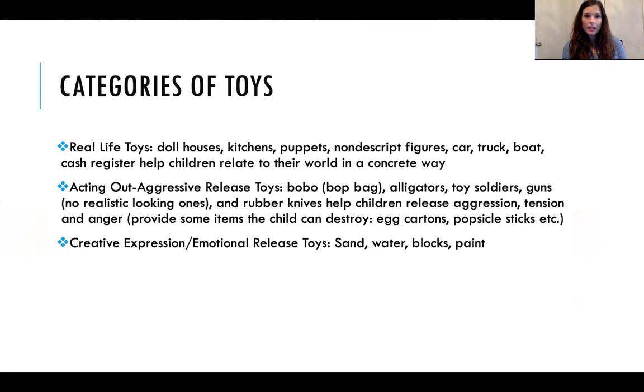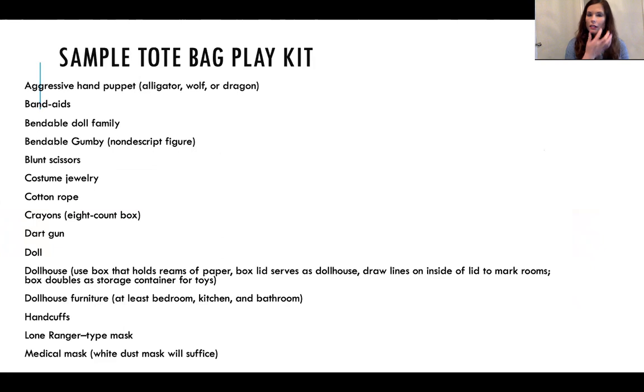Toy soldiers, guns, not any realistic looking ones. Rubber knives help children release aggression, tension, and anger. And you could always have at least one item that the child can destroy, like egg cartons, popsicle sticks, etc. And creative expression and emotional release toys include sand, water, blocks, and paint.